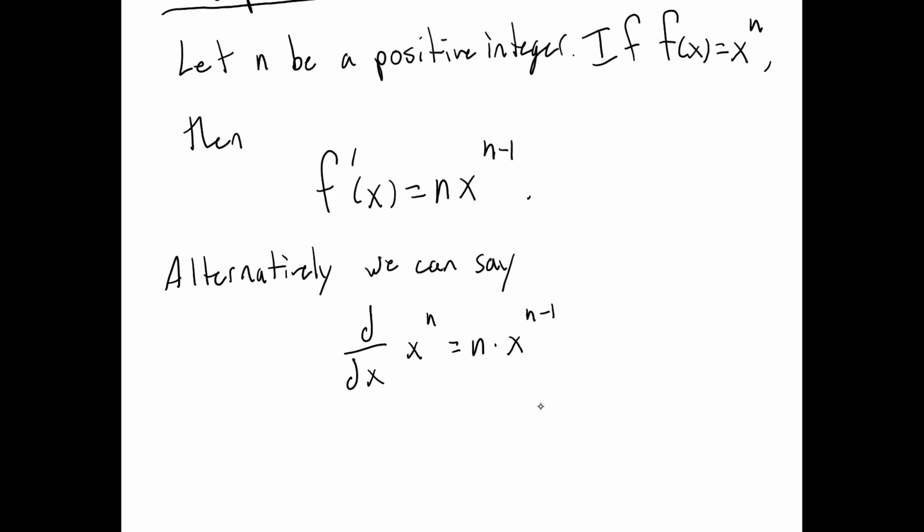The real difference here, the reason why we even give this alternative in the first place, is not everything is given a function name. Not everything we're working with is like, hey, here's this formal function with this function name. Sometimes it's just very simply, here's an expression, we need to take the derivative of it, so we use this Leibniz notation for that.